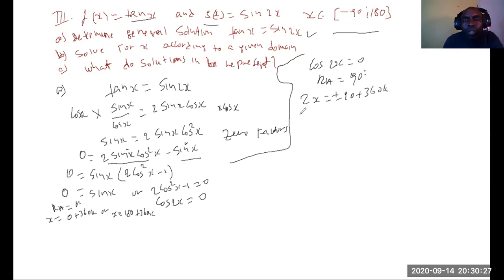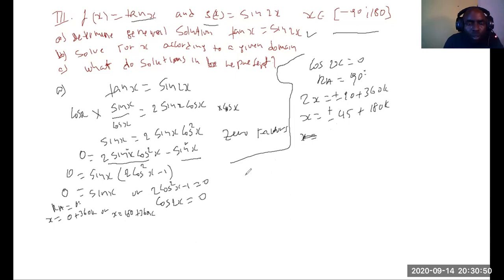So I've got x equals plus or minus 45 plus 180k. That's the answer for number A, our general solution.